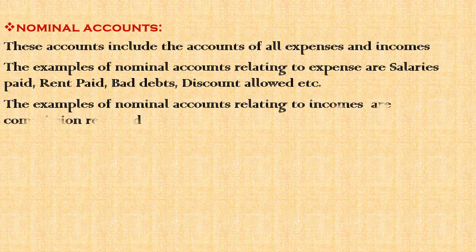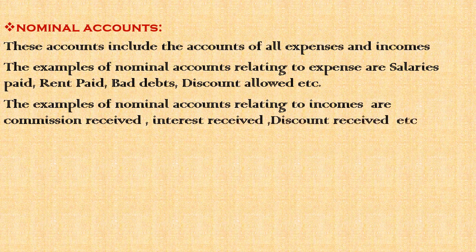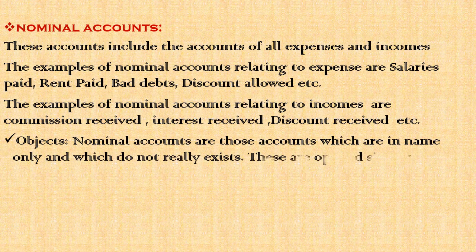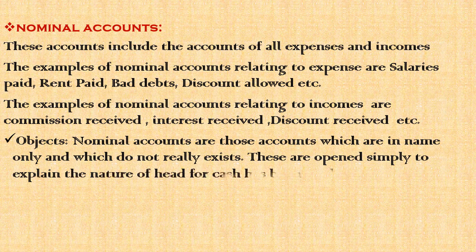The examples of nominal accounts relating to incomes are commission received, interest received, discount received, etc. So when you receive, it becomes your income, either a commission or interest or discount. Objects. Nominal accounts are those accounts which are in name only and which do not really exist.